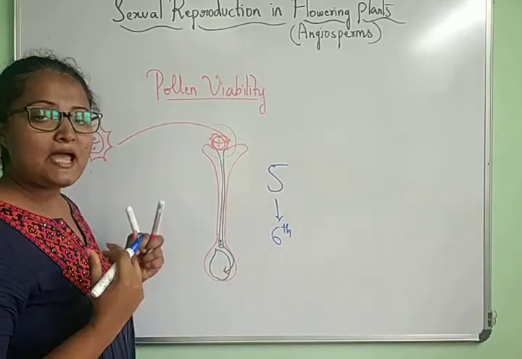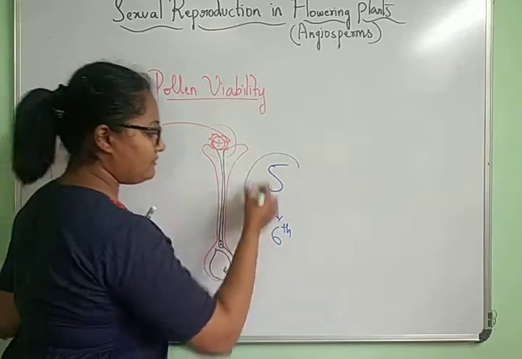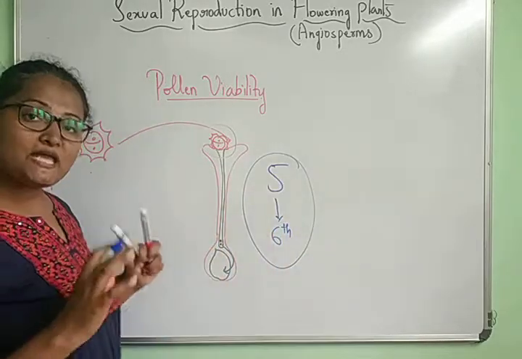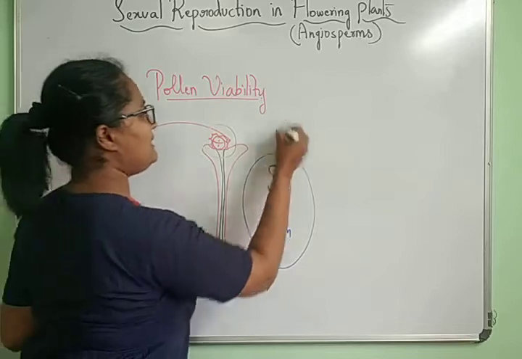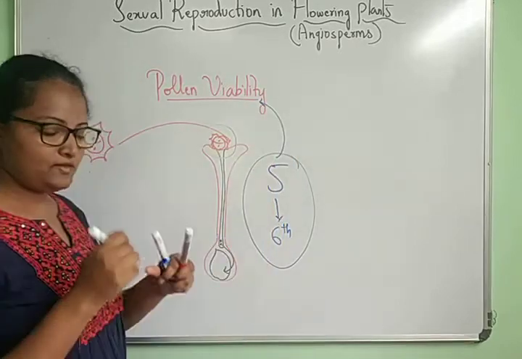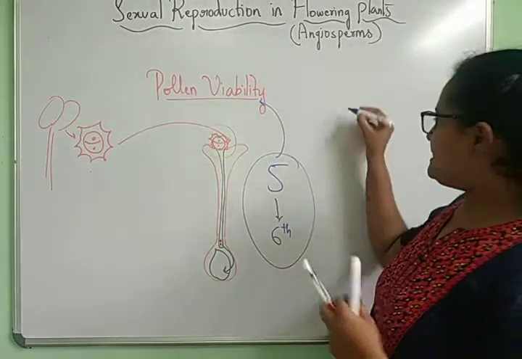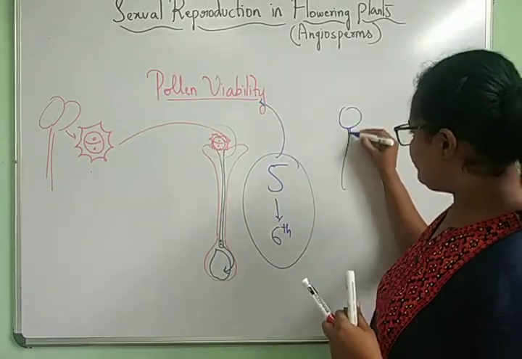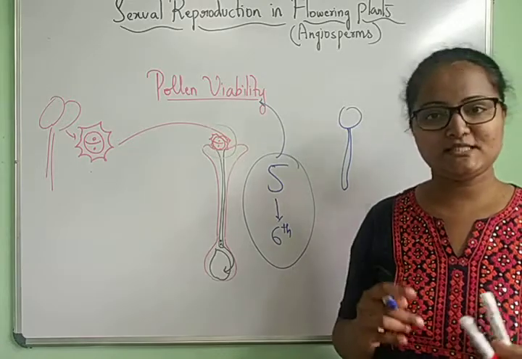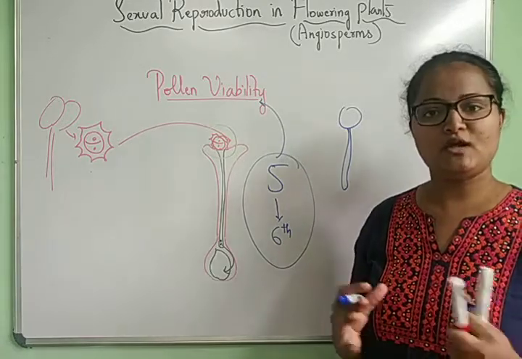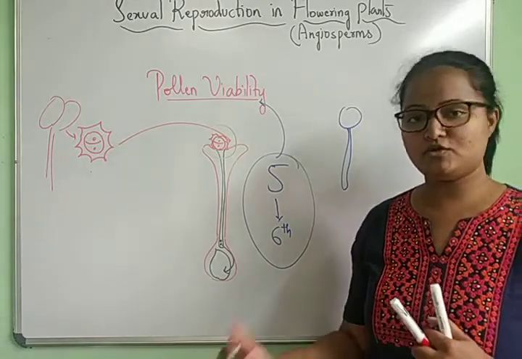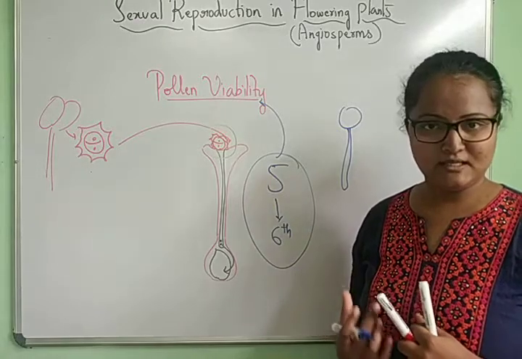Okay, they are active. So these 5 or 6 days we can consider as the viability of the pollen grain. Viability is nothing but the capacity to germinate, the capacity to form the pollen tube which contains the male gametes for fusion. This we call viability.